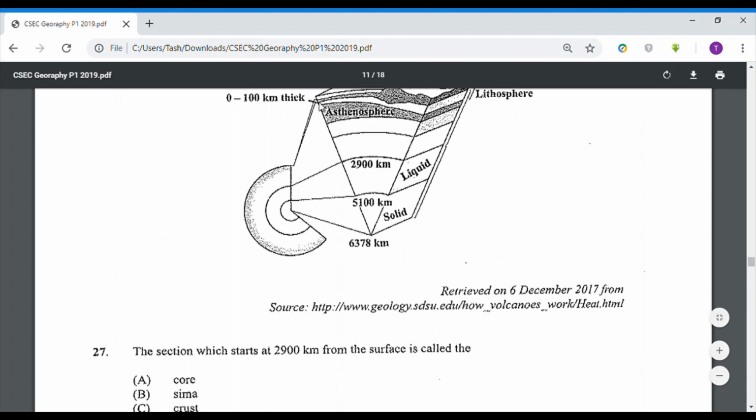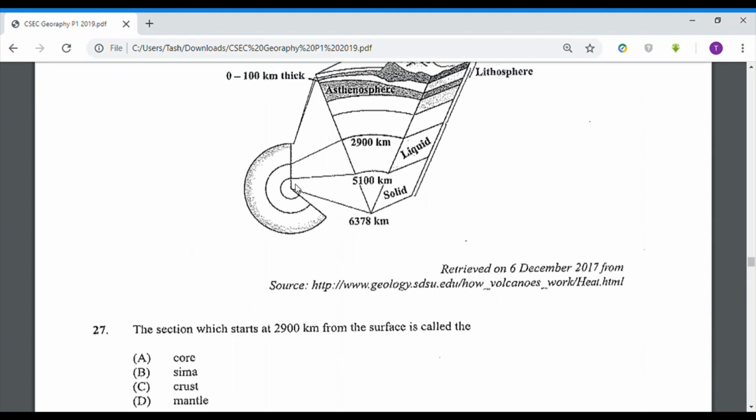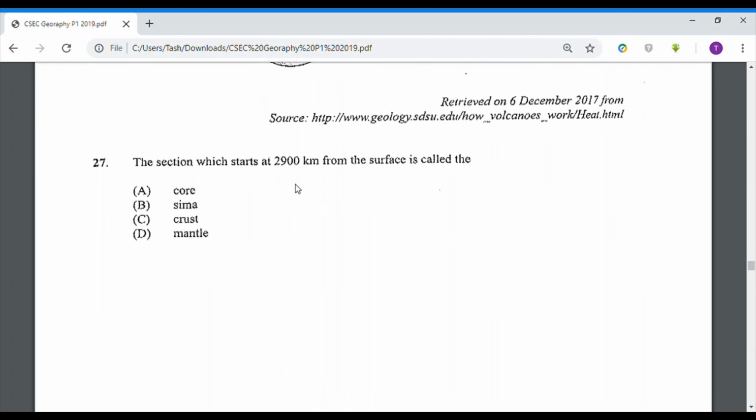So this is our surface, which is the external area here, and the section that starts at 2,900 kilometers would have been our mantle. So our answer for number 27 is letter D.